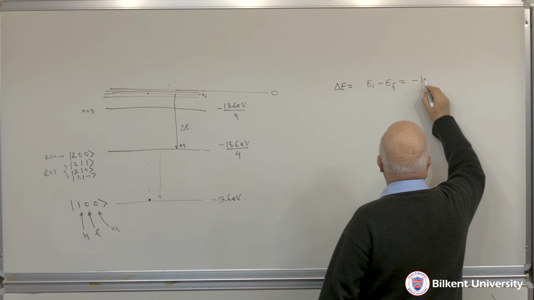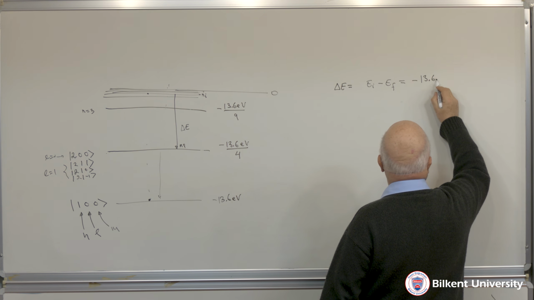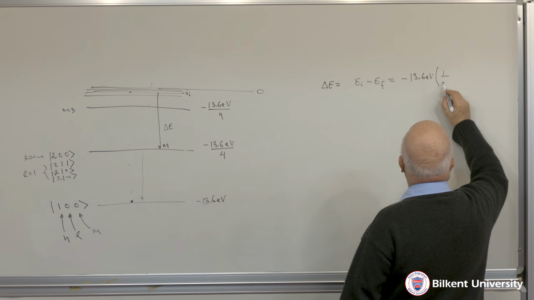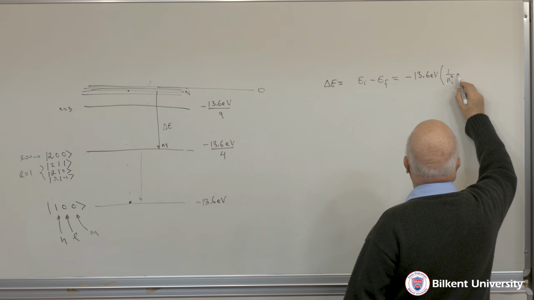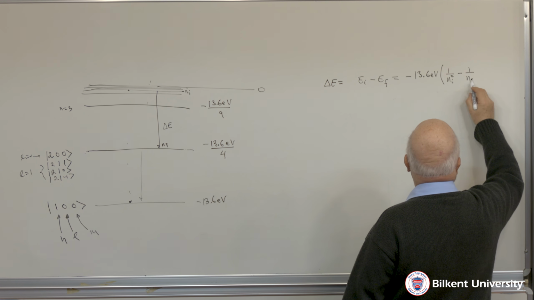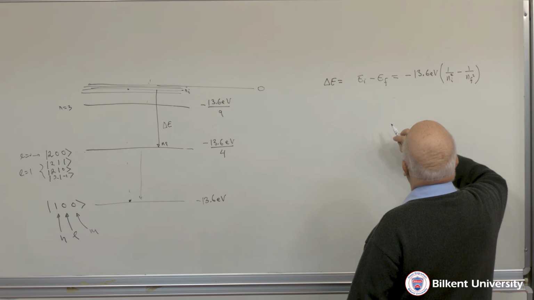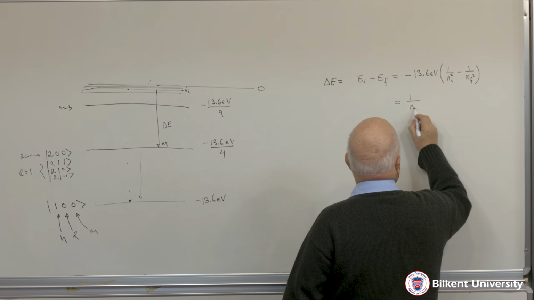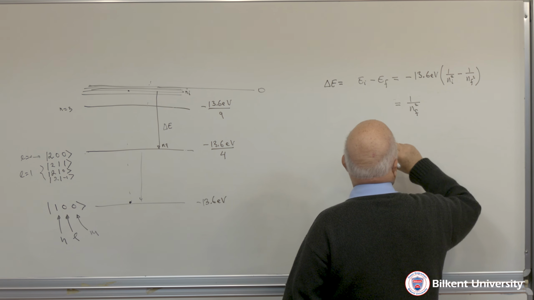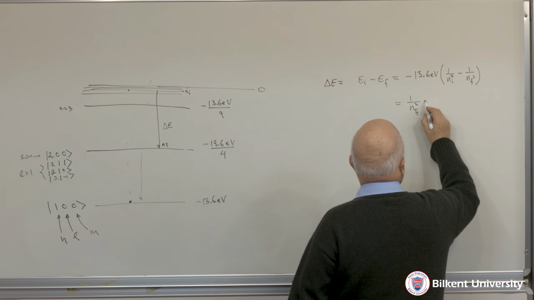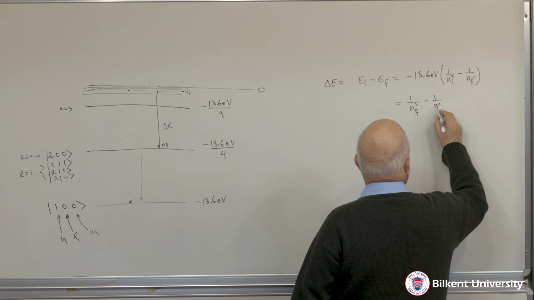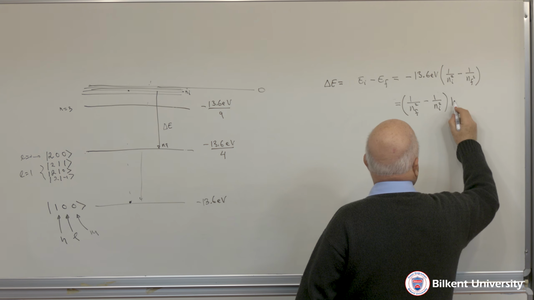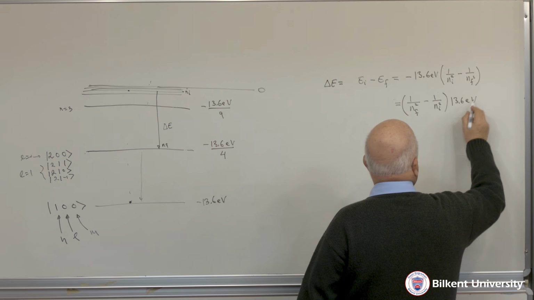They are all going to be proportional to minus 13.6 electron volts times 1 over n_i squared for the initial, and 1 over n_f squared for the final. Rearranging terms, 1 over n_f squared is going to be the larger number, minus 1 over n_i squared, the smaller number, times 13.6 electron volts.